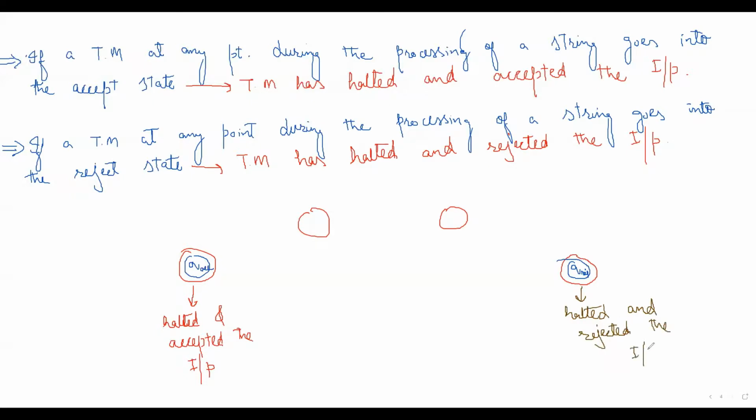And if the Turing machine has stopped in any of these states, which are neither the accept state nor the reject state, we will say that the Turing machine has halted and we don't know whether it accepts or rejects.